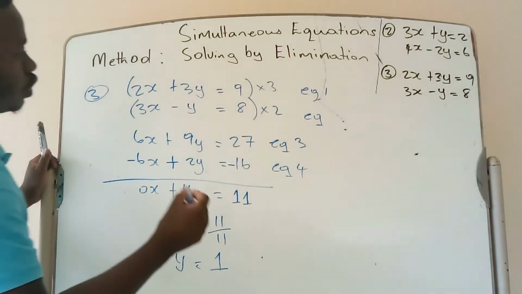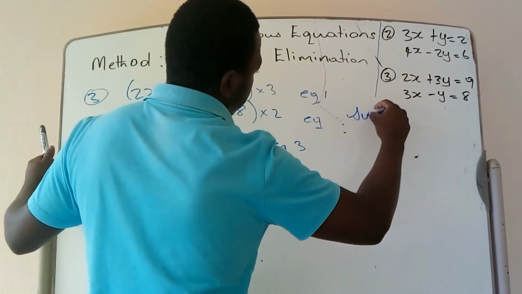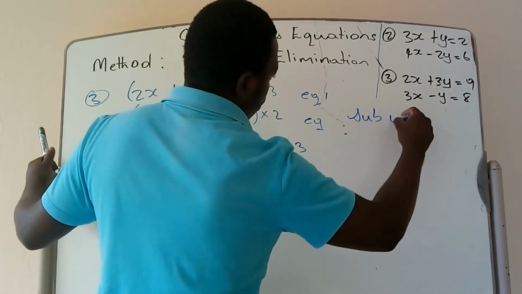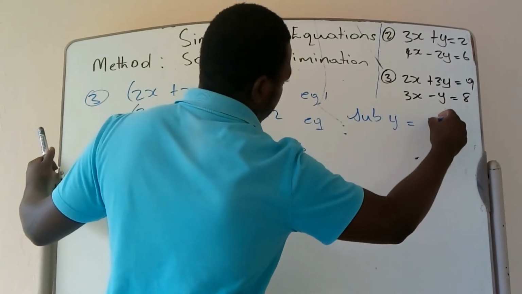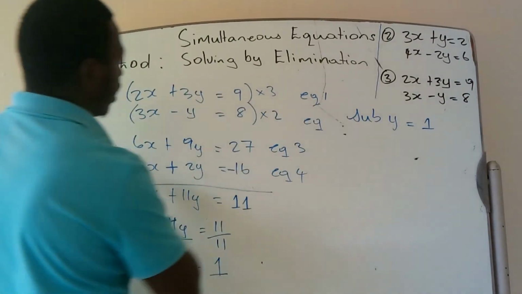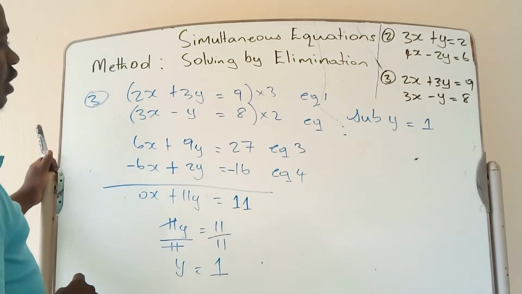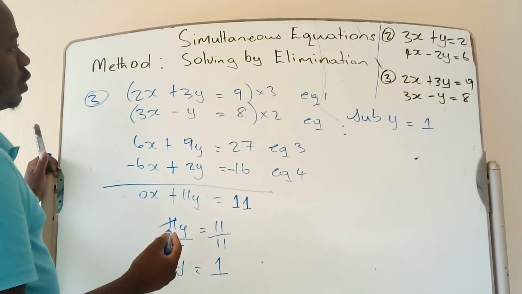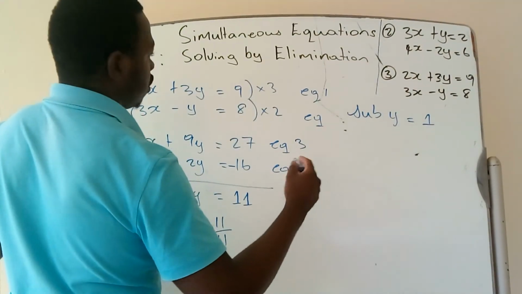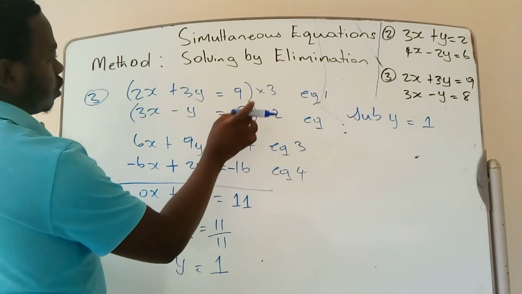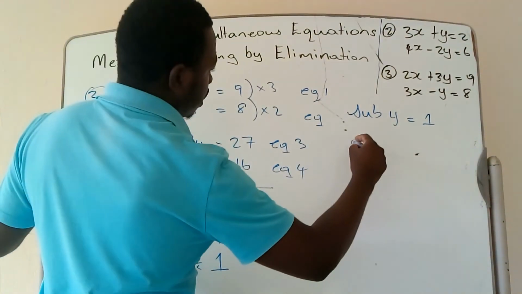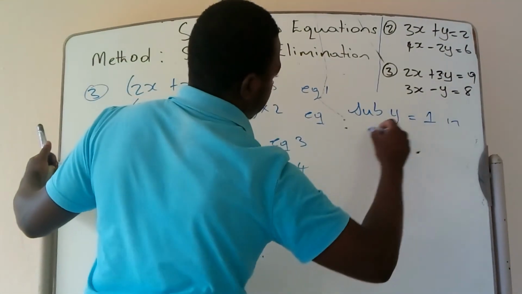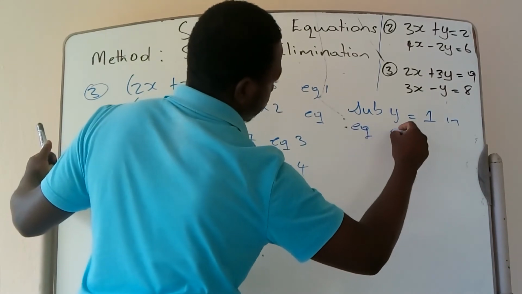So all you need to do now is to sub y equal 1 in any one of the equations, right? You can choose any one. I'm going to go to equation 1, which, no, let's use equation 2.